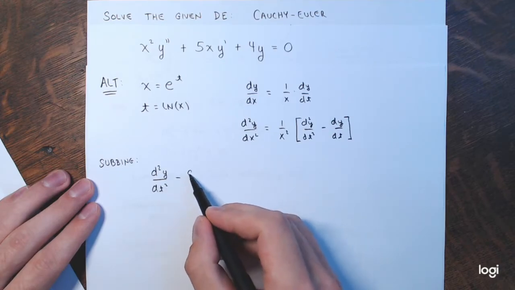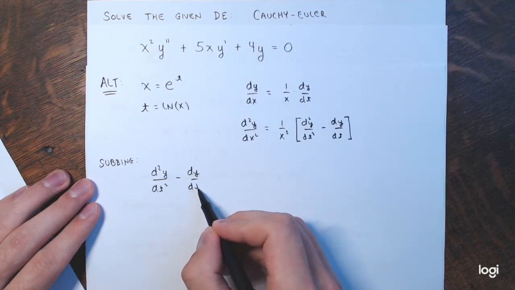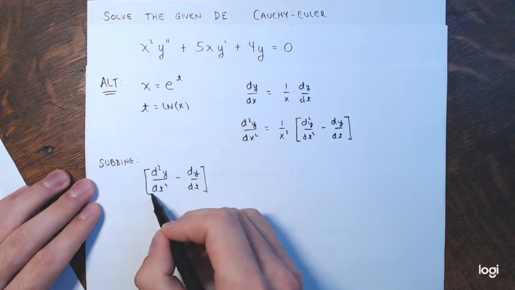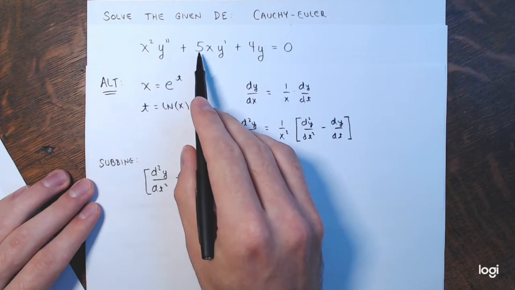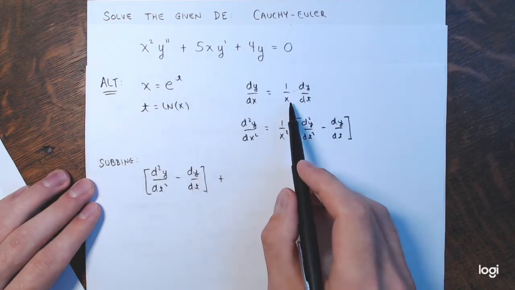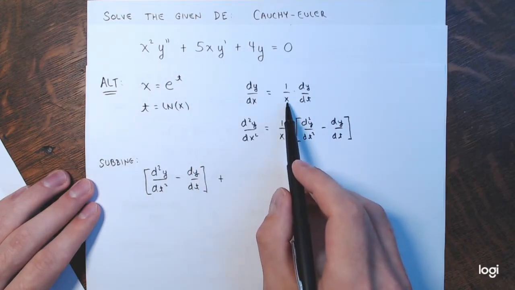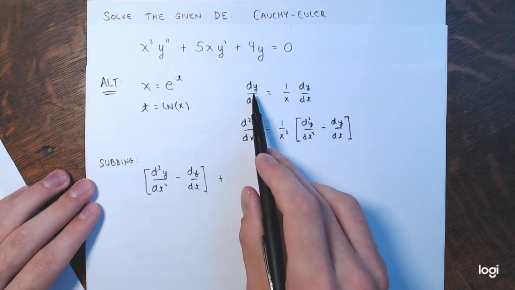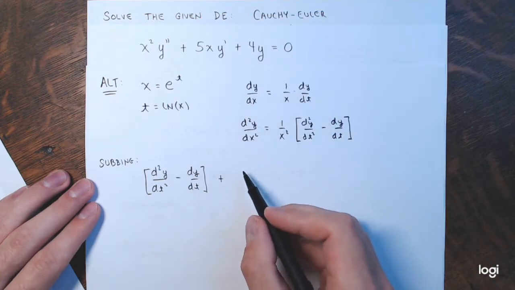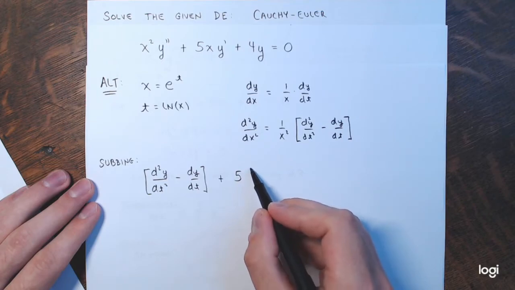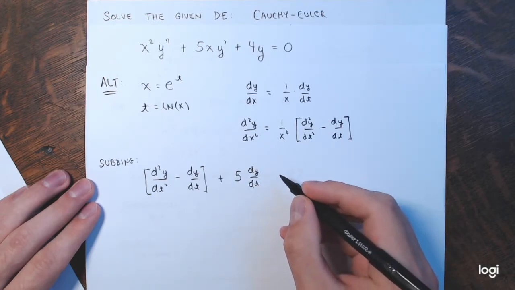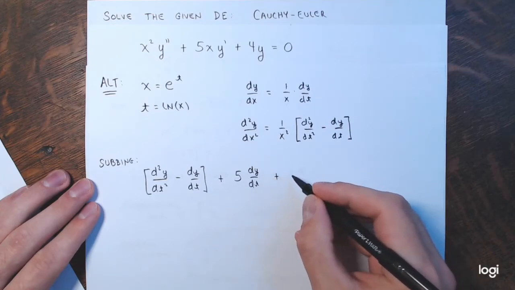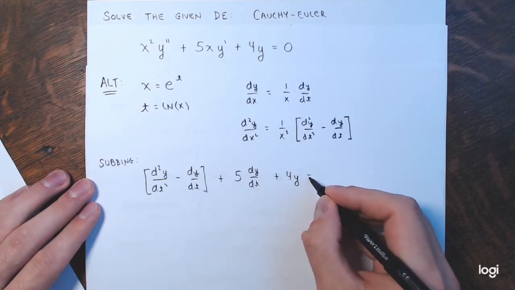minus the first derivative of y with respect to t, right, in the first term there, plus 5 times x y prime. Well, x times y prime, the x's would cancel, and y prime is replaced with just dy dt. So plus 5 times dy dt, and then plus 4y equals 0.